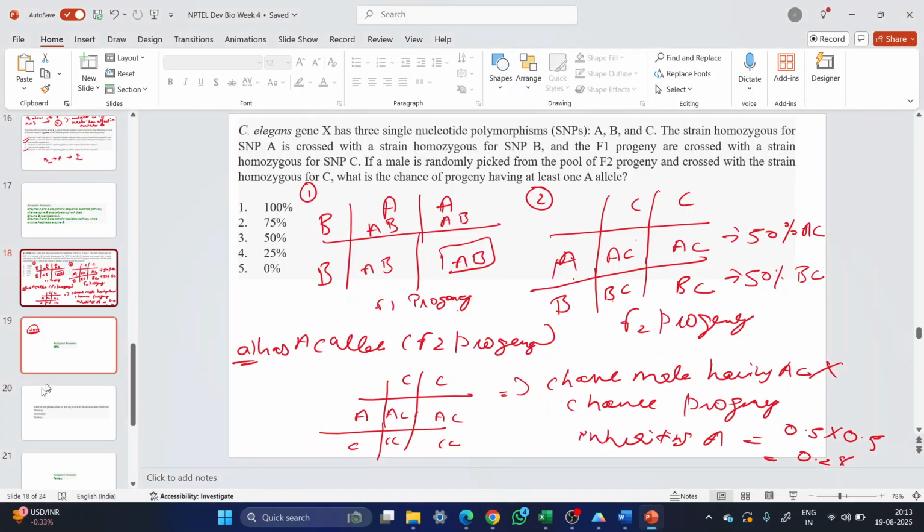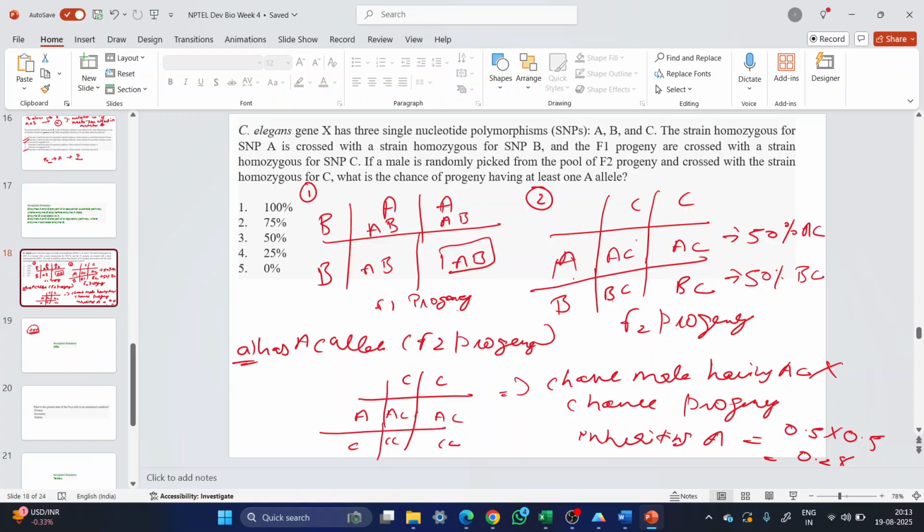Any problem in this question, you can ask me. So from here, we have to pick randomly. If a male is chosen, it can either have allele AC or BC. If it has the BC allele, when it is crossed with CC, what will be the chance of A? Zero, because there is no A allele here.